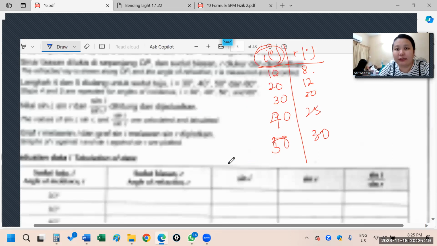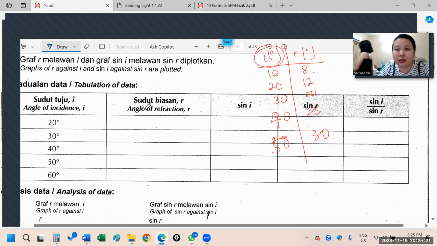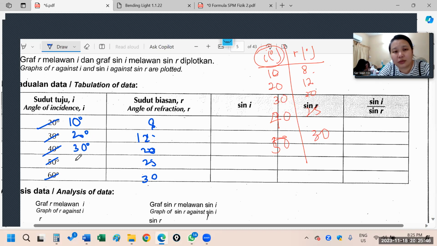Okay, then we fill up the table here: 8, 12, 20, 25, 30. Then we change i to sine i. Just now I used start from 10. So you can fill up as your experiment.